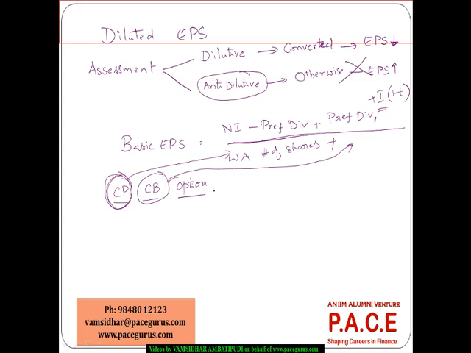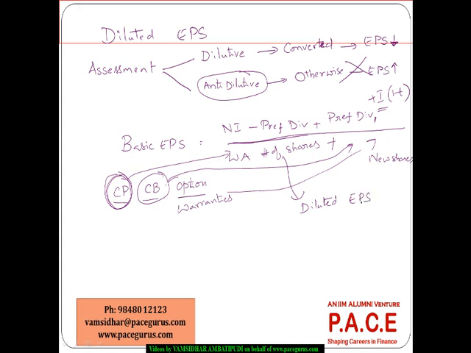And for each option, how many new shares are getting created if all these options are exercised. If all the warrants are exercised, what new shares are getting created? All these things we would find out for the computation of the weighted average number of shares, and finally we would end up with the calculation called the diluted EPS.